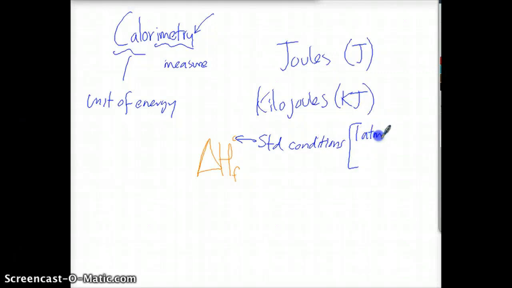They're at a pressure of 1 atm and a temperature of 298 Kelvin. The reason is that this is about 25 degrees Celsius, which is room temperature. The majority of reactions are conducted at room temperature, so scientists can normalize their data. Whenever you see a little naught up here, anytime in this class, that means standard conditions.